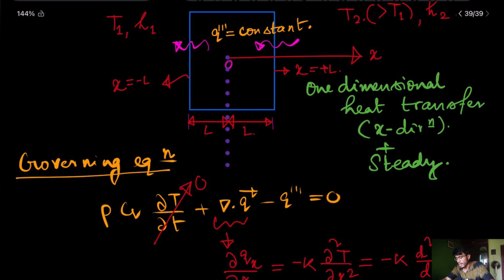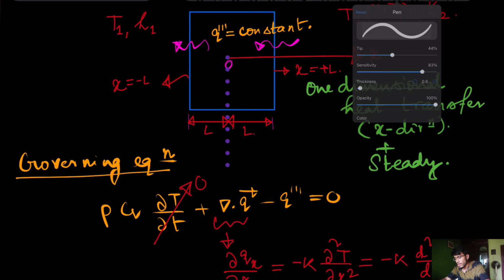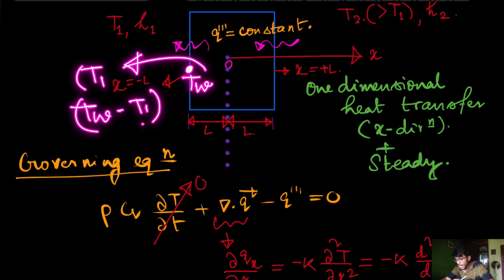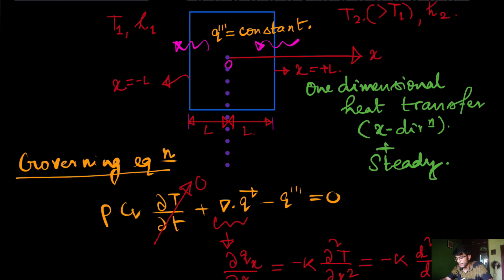For x equal to minus L, heat is flowing from this to this. That means it will be T wall here minus T1 here. Okay, it will be T wall minus T1, because as I have assumed that my heat will flow from the block to the ambient, therefore my wall temperature must be greater than the ambient temperature.